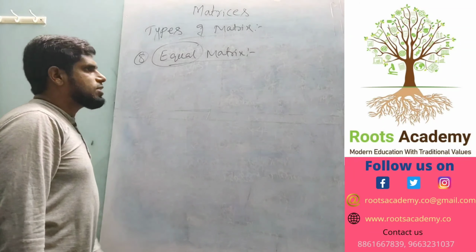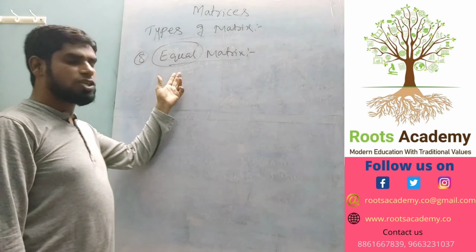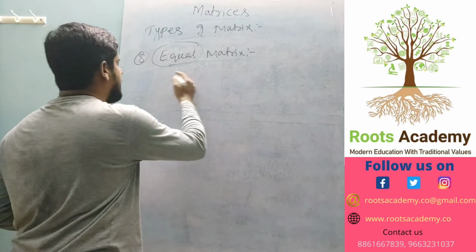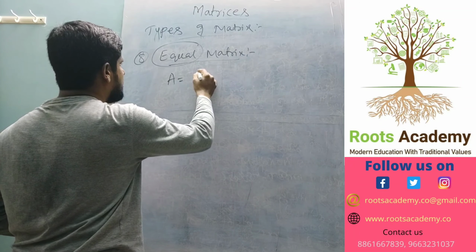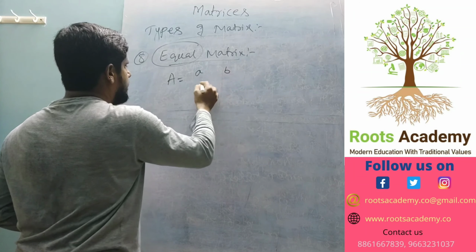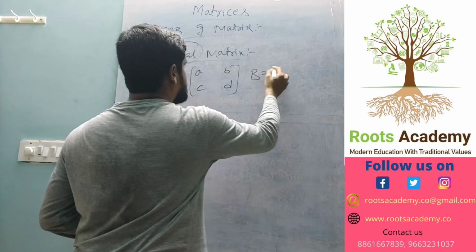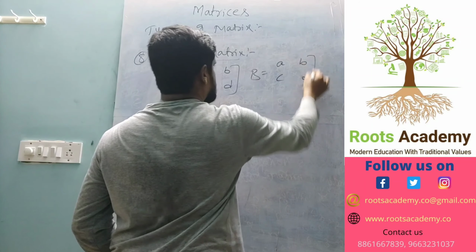So equal matrix means, let us take two matrices here. To understand the definition of equal matrix, let us take two matrices. I will take A and B. Student, A matrix is A, B, C, D, and the B matrix is A, B, C, D.